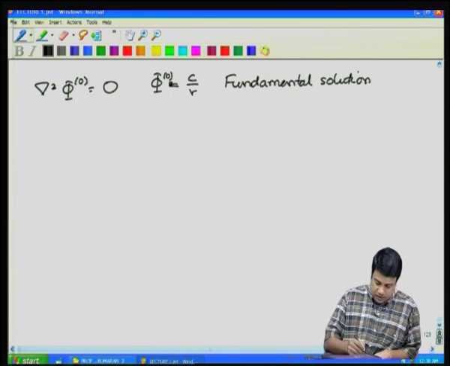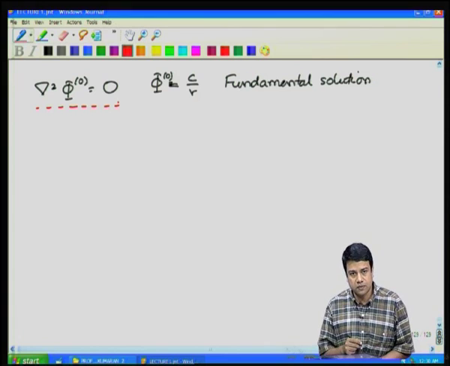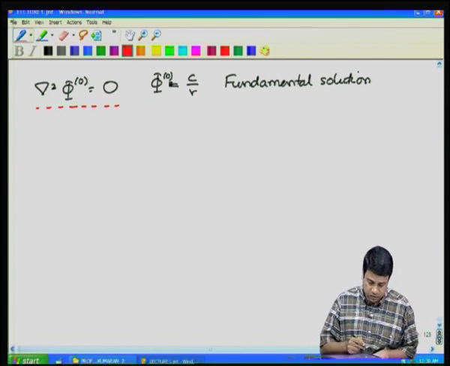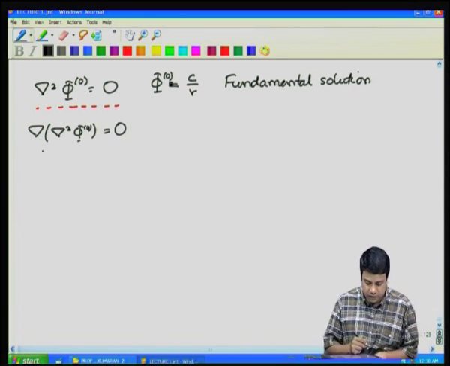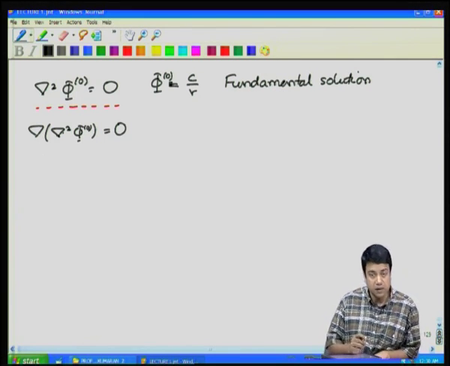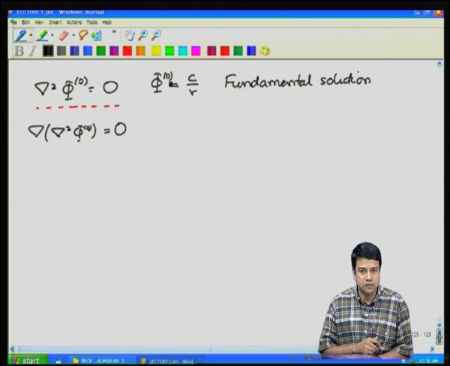So, if this is the equation, the Laplacian of phi naught is equal to 0, then if I take the gradient of this solution, that is also equal to 0. In other words, if I take gradient of del square phi naught, this is also equal to 0, because if I take the gradient of any function, if that function is equal to 0, its gradient is also equal to 0.